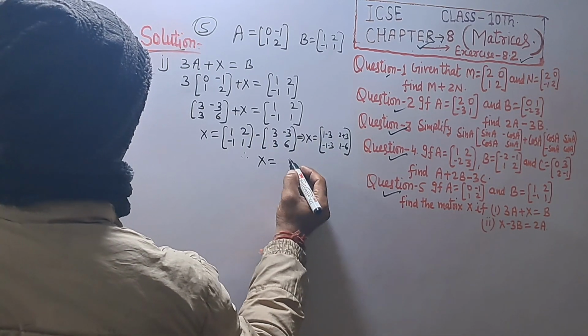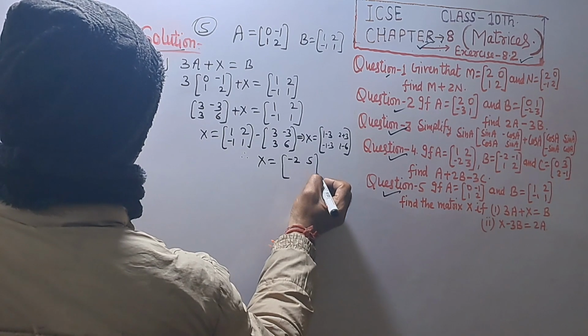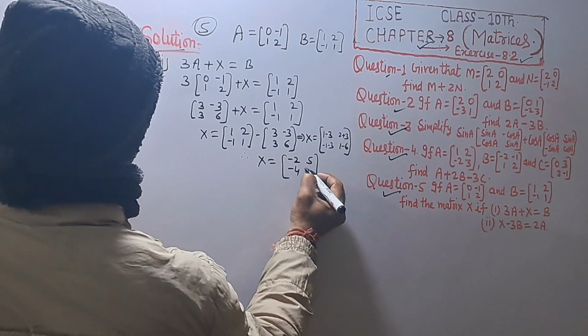So we get the value of X equal to [1, 5; -4, -5].